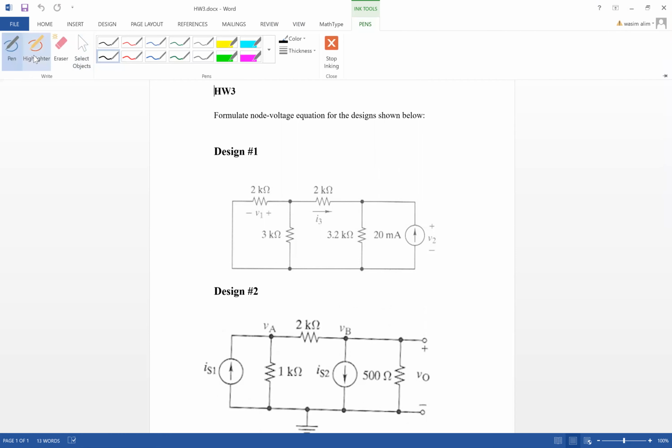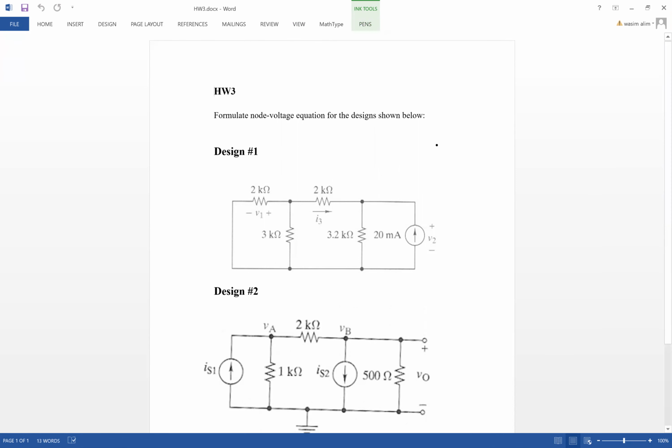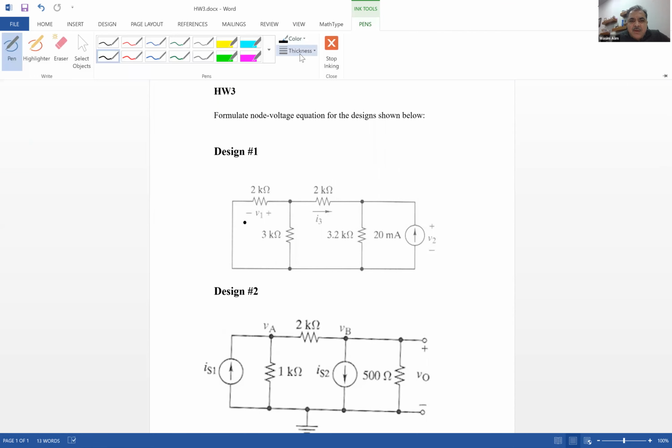So there's the V1, and that's a power source, and then there's V2, and there's a power source. And there's no node that's not touching a voltage source.